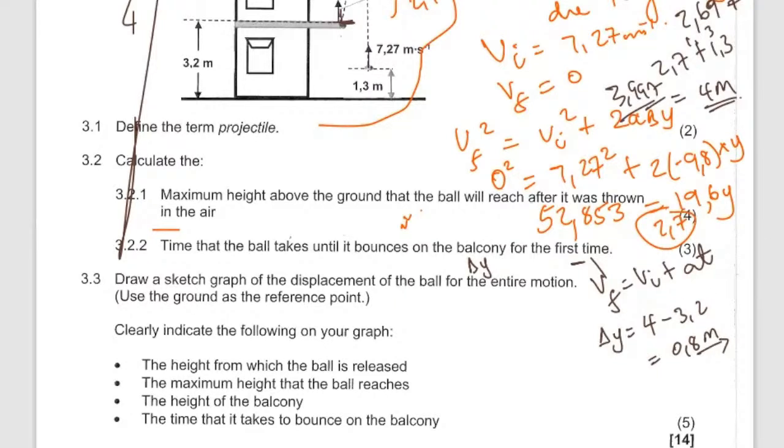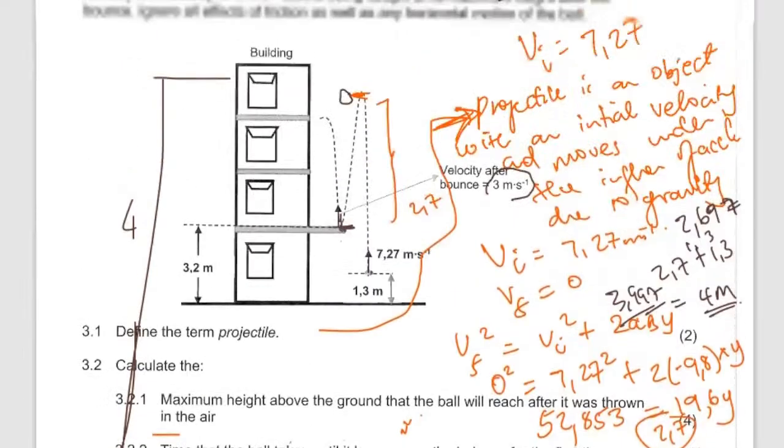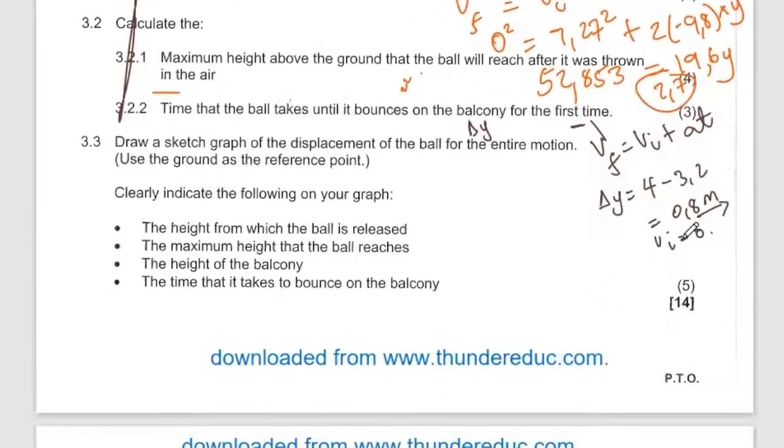So that's our displacement. Our initial velocity, since it was now at maximum, is going to be 0, because now I'm looking at the second journey, from maximum, now dropping down. I need time.